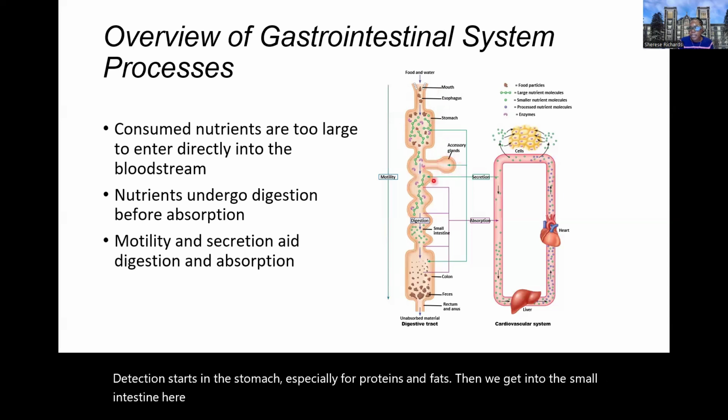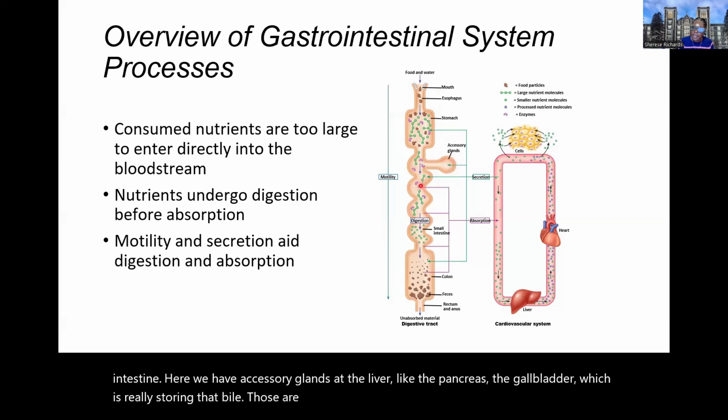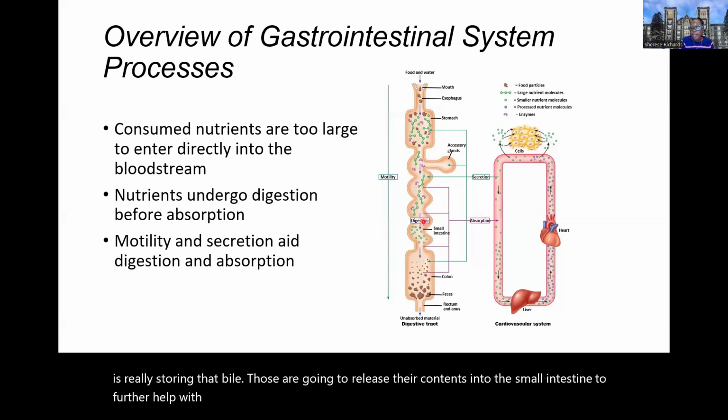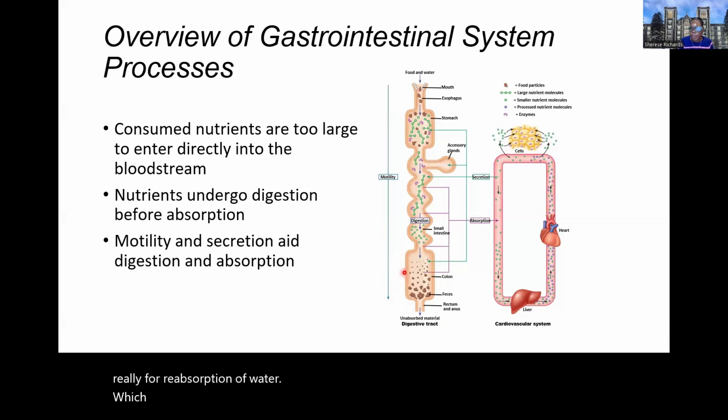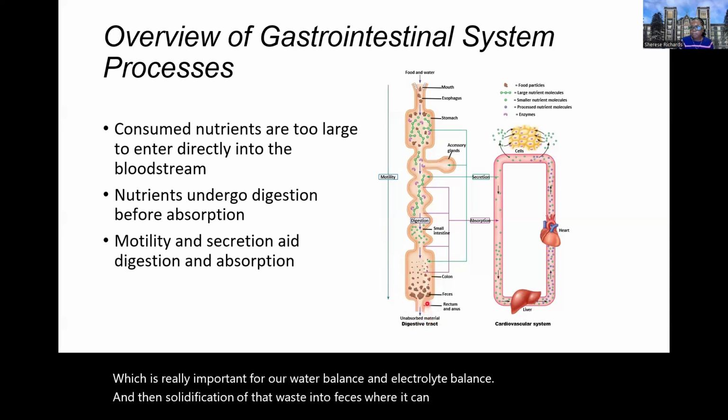Here we have accessory glands like the liver, like the pancreas, the gallbladder, which is really storing that bile. Those are going to release their contents into the small intestine to further help with that digestion and then continue motility. And then the large intestine is really for reabsorption of water, which is really important for our water balance and electrolyte balance, and then solidification of that waste into feces where it can be expelled.